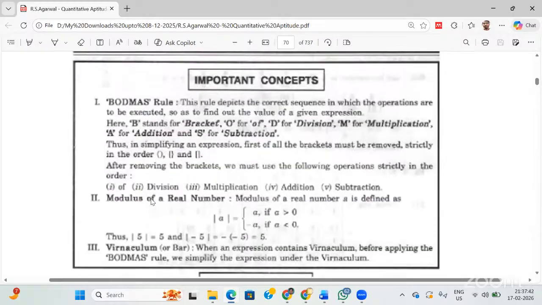Okay, consider this concept first. Hello, students. Am I audible? Yes, sir. Okay. Follow the rule, a very important rule. One of the important rules is the BODMAS rule, you know.